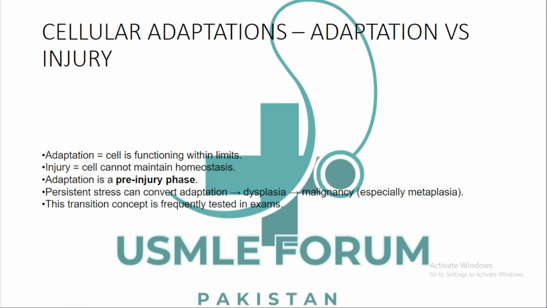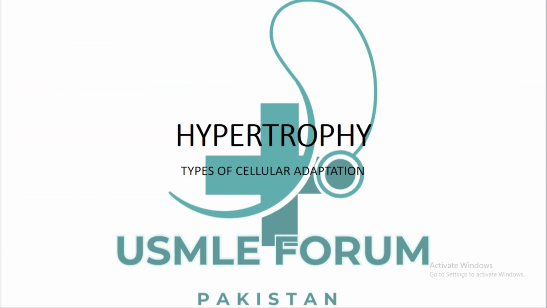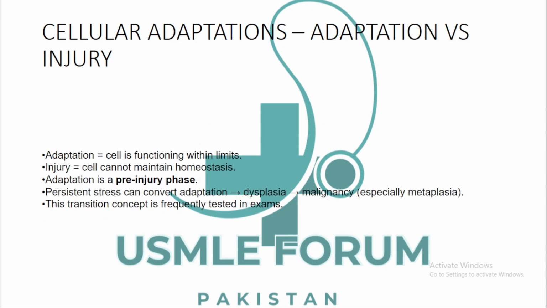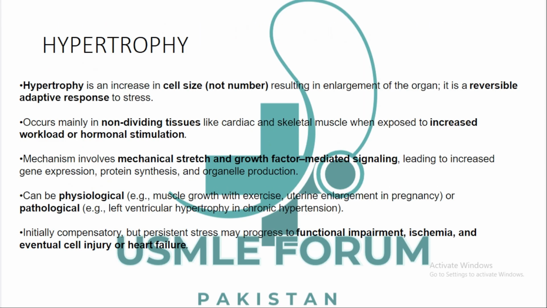All right. Now, our first core classification of cellular adaptation is hypertrophy. So let's talk about hypertrophy. Hypertrophy is just you are increasing the size of the cell. You're not increasing the number. Trophy means the size, always, right?